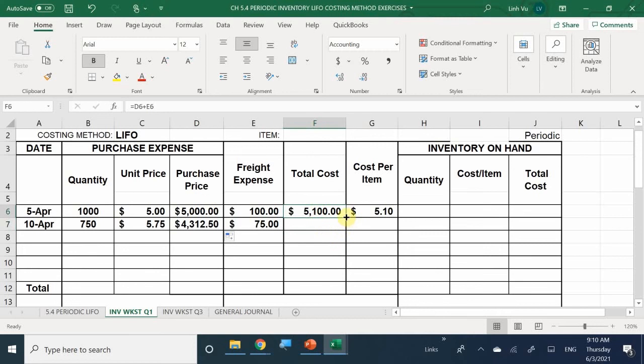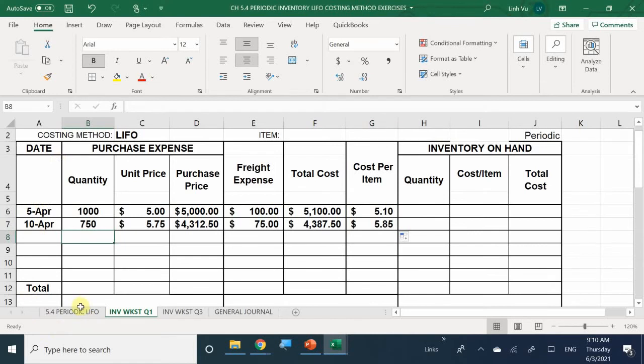What's my total cost? $4,387.50. Okay, good. And my cost per item? $5.85, right? We took our total cost of $4,387.50 and divided it evenly among 750 units.